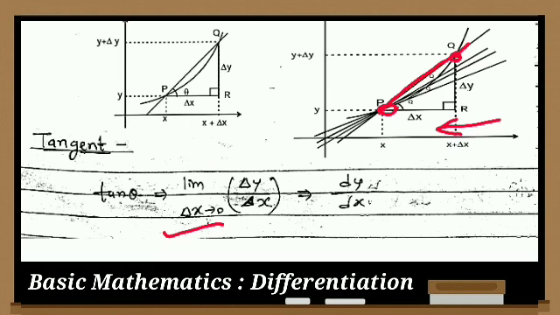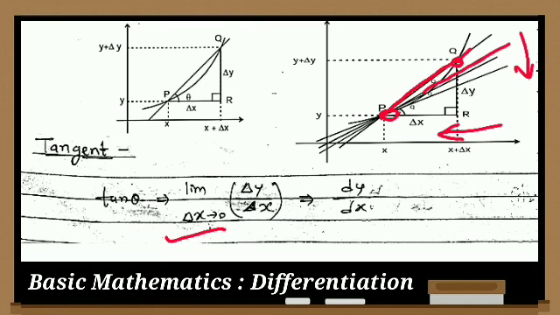As delta x decreases, the line is moving like this. As you can see, as the value of delta x decreases, the point shifts from here to here. Now again we decrease the length of delta x, then the line moves from this point to this point. Clear?